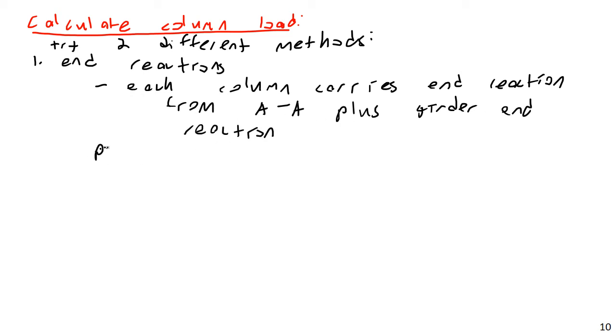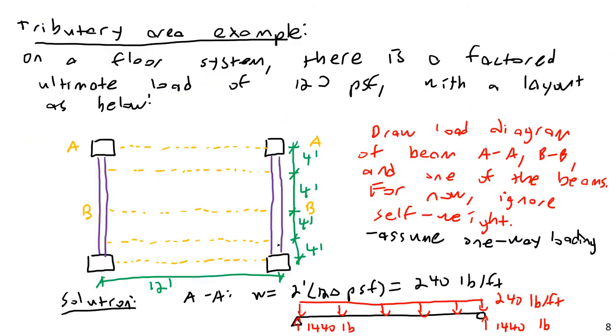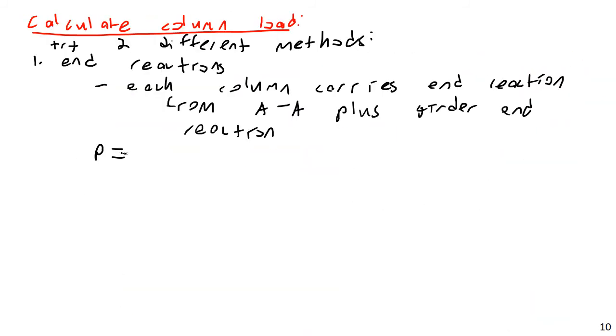So the P then would be a combination of this point load here and this point load here. So 1440 plus 4,320. And that will come to 5,760 pounds.